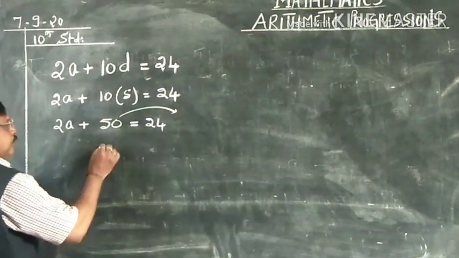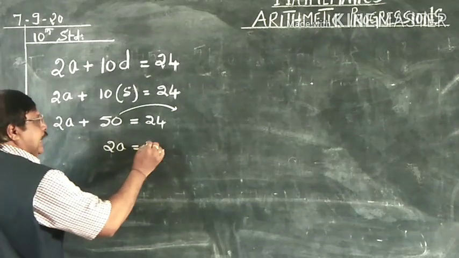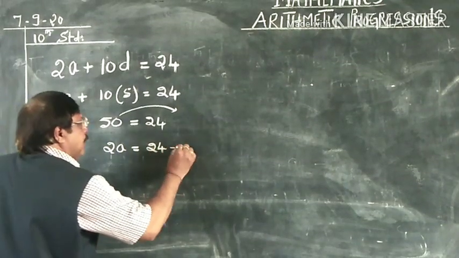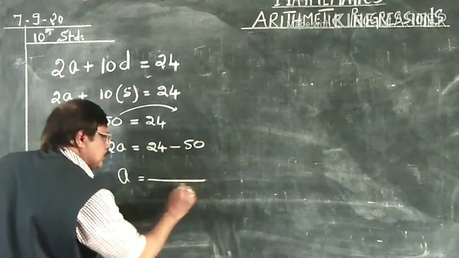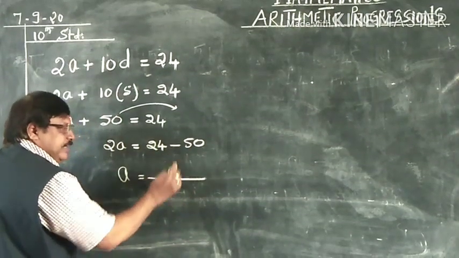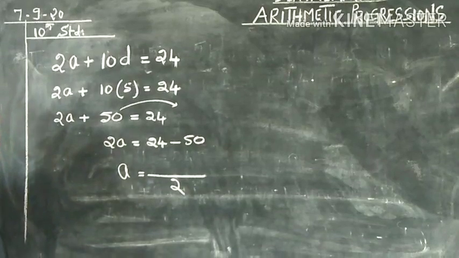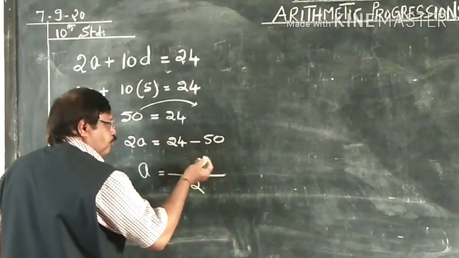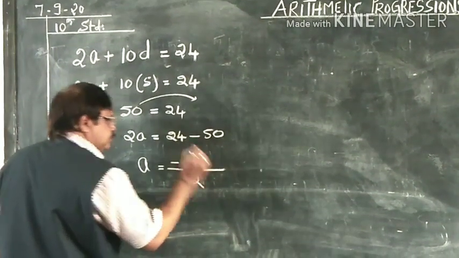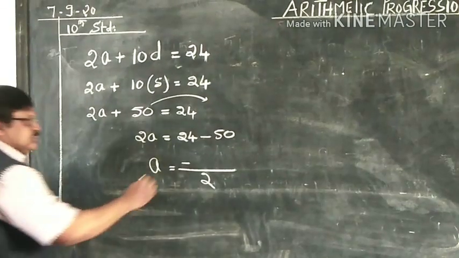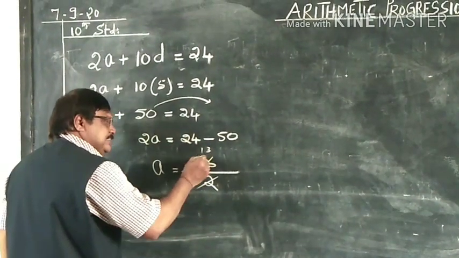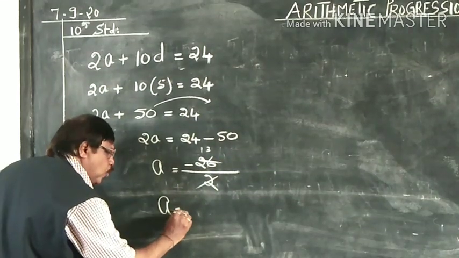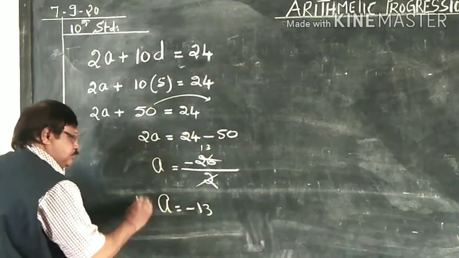Transpose this. 2a is equal to 24 minus 50. a is equal to the difference divided by 2. It will be minus 26 divided by 2. You see the first value is minus 13.